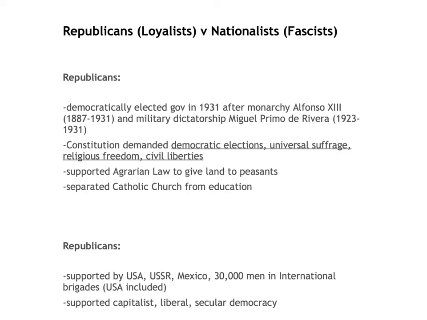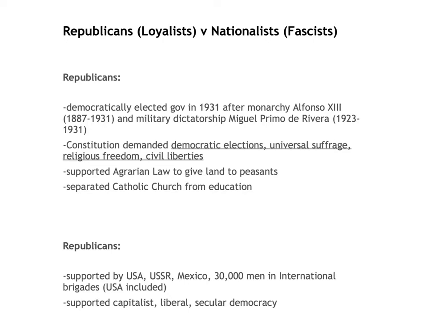The two interesting themes that came out of this democratically elected government in 1931, leading to the fascist nationalist resistance, was the agrarian law allowed peasants to own land, and was perceived as a threat to the wealthy landowners who were the nationalists.